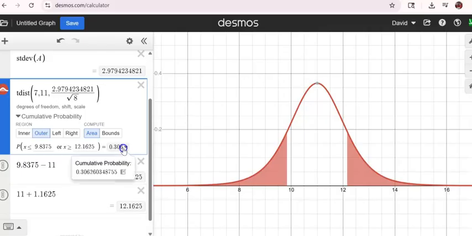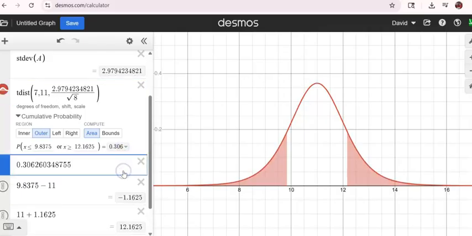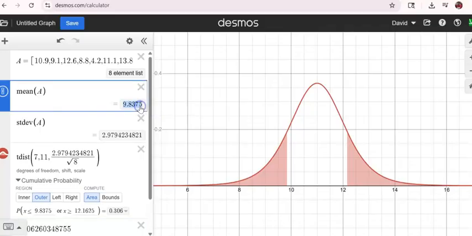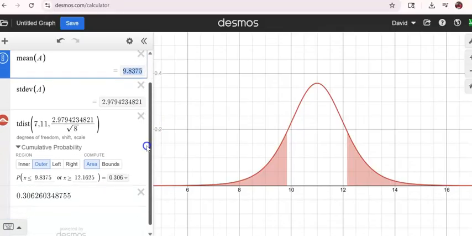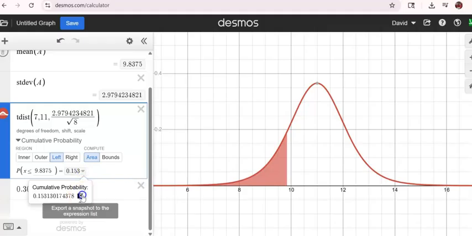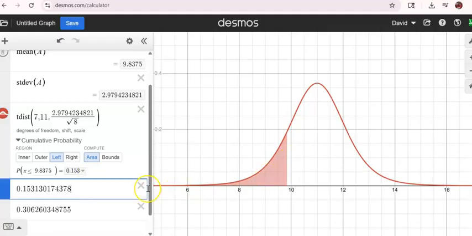Another way you could achieve this number is just look at where this number is. This number is below 11. So since it's below, now I could choose left and just use the lower number, the number that I have, get this number, right? That's just the left tail, but I would have to double that number. So times 2.